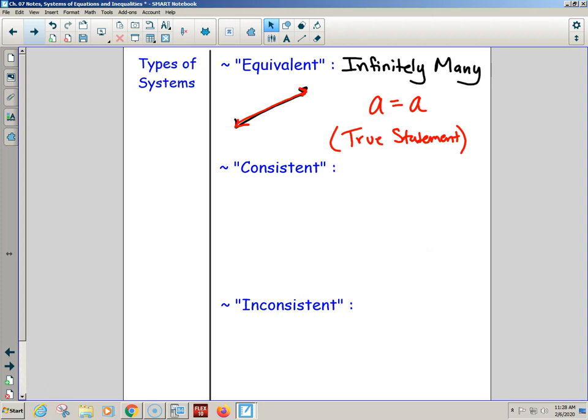Now, just because they have infinitely many doesn't mean they share all possible points. And the way I say that is going to sound weird. Why am I saying this? Which points are on this line? Is that point on it?